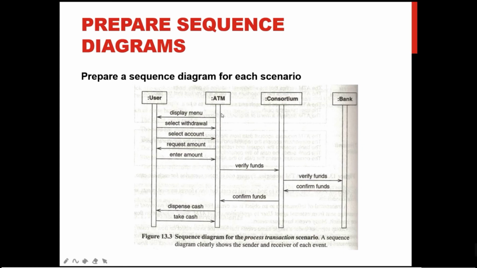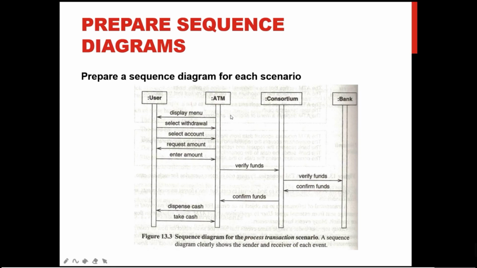And previously we know that we also need to build some scenarios for the special cases or error cases. So similarly, we can also transform the scenarios for the error cases or special cases into sequence diagrams. It means we also need to build sequence diagrams for the special cases or error cases.